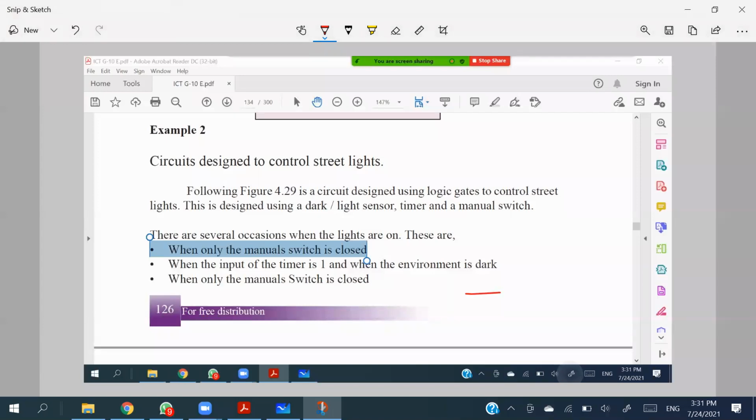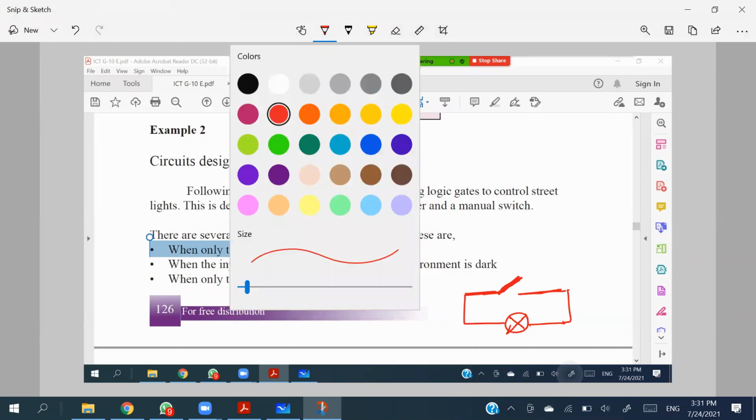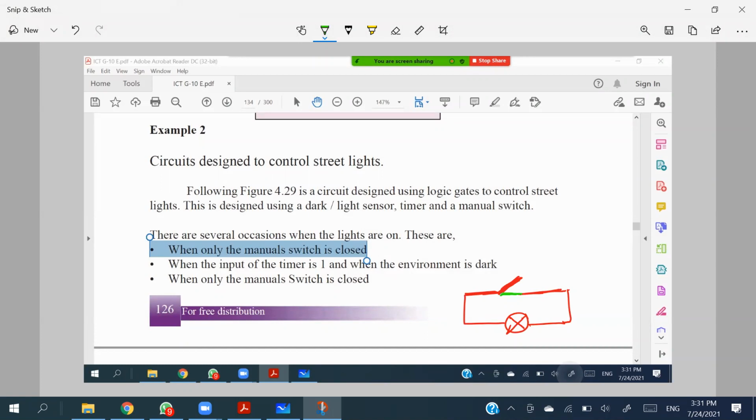So in this situation the switch is open, right? We indicate the switch in science. The symbol is this. So this switch is open. Switch is closed means it's going to be like this, right? So that is what it says.